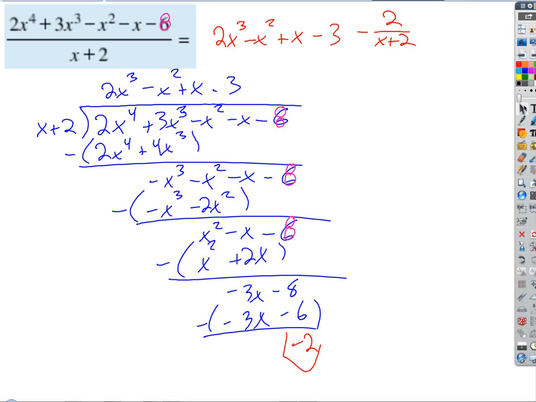Let's take this guy and we're going to evaluate this using synthetic substitution at the 0 of the bottom, okay?